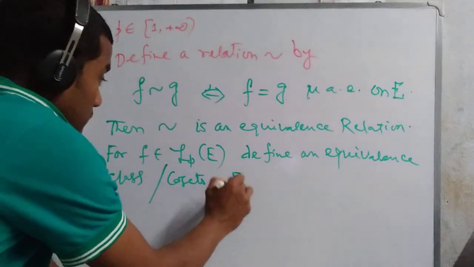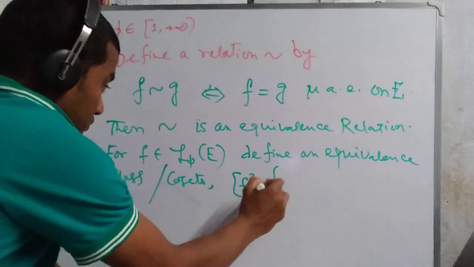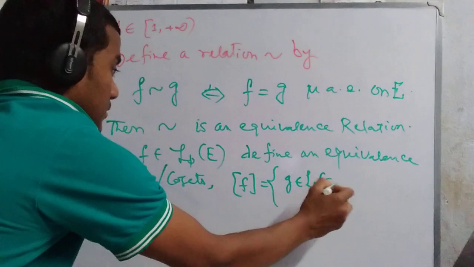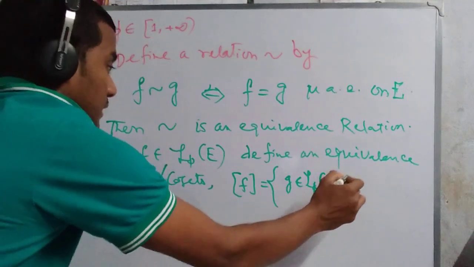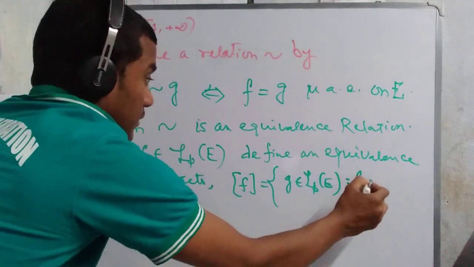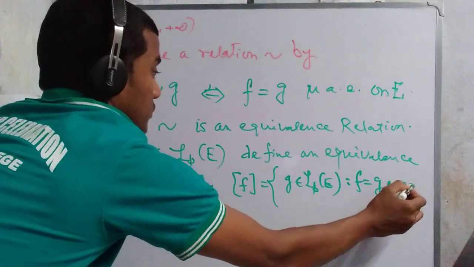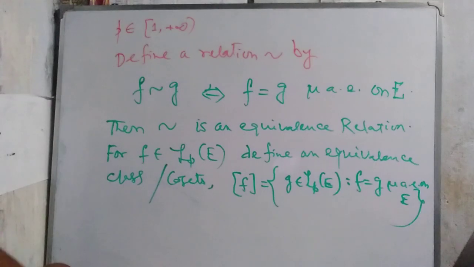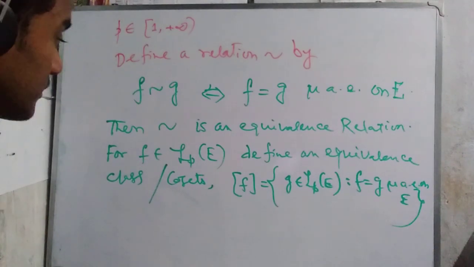What type of cosets? The set of g such that g belongs to script L^p(E), those integrable functions such that f equal to g mu almost everywhere on E. Understand or not? I think all understand this.